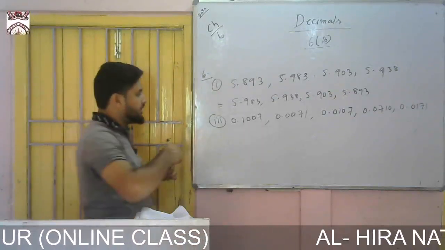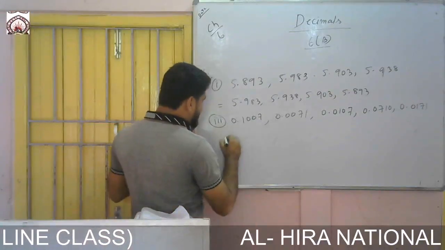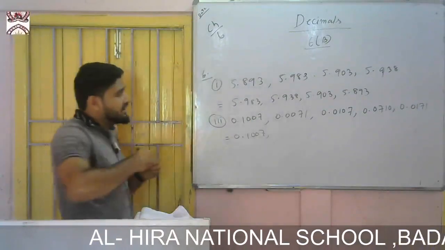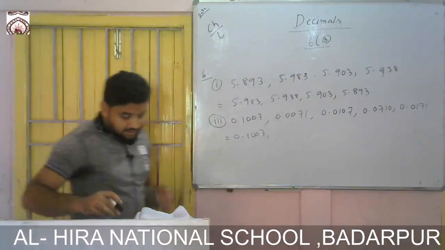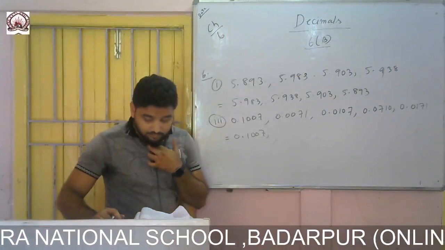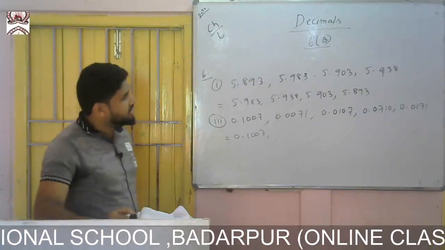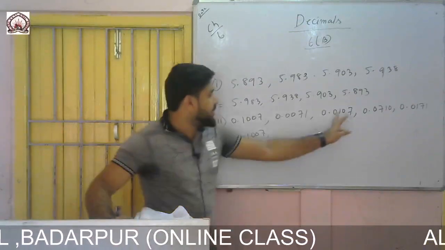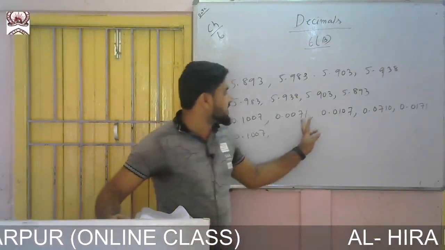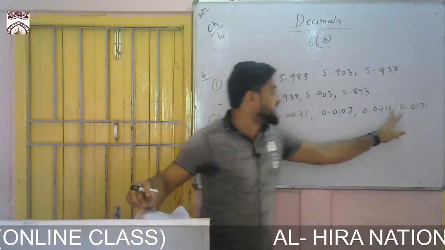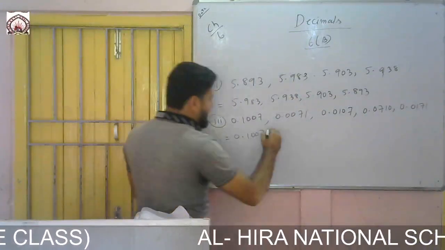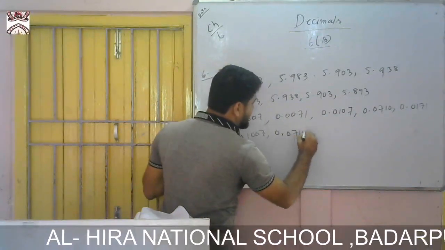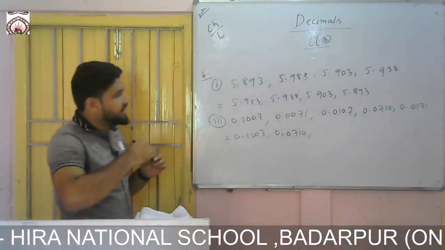The number one will be 0.1007. Now the second will come: you see 107, 71, 171, and 710. It will be 0.0710.